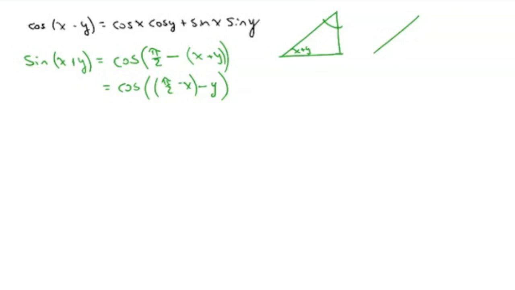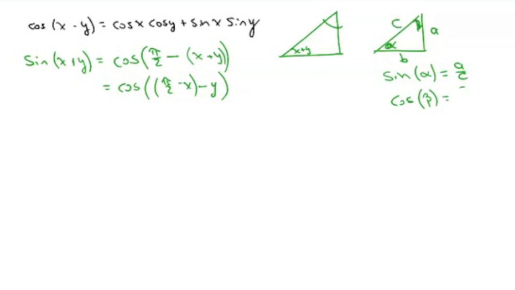Let me write it. So you have this triangle. This is angle alpha. This angle is beta. This side is A. This side is B. This side is C. What is the sine of alpha? A over C. What is the cosine of beta?